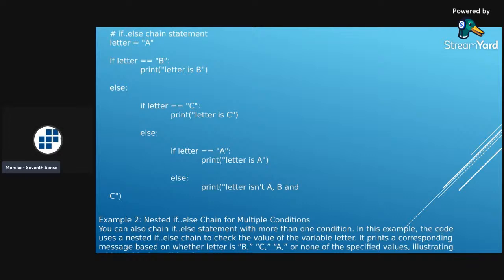Again with the help of else I am giving letter C. Again letter A. So letter A equals A. It matches the condition at the third condition. So what will be our output? The letter is A. I'll be giving 2 minutes of time. Do execute the code and note in your books.